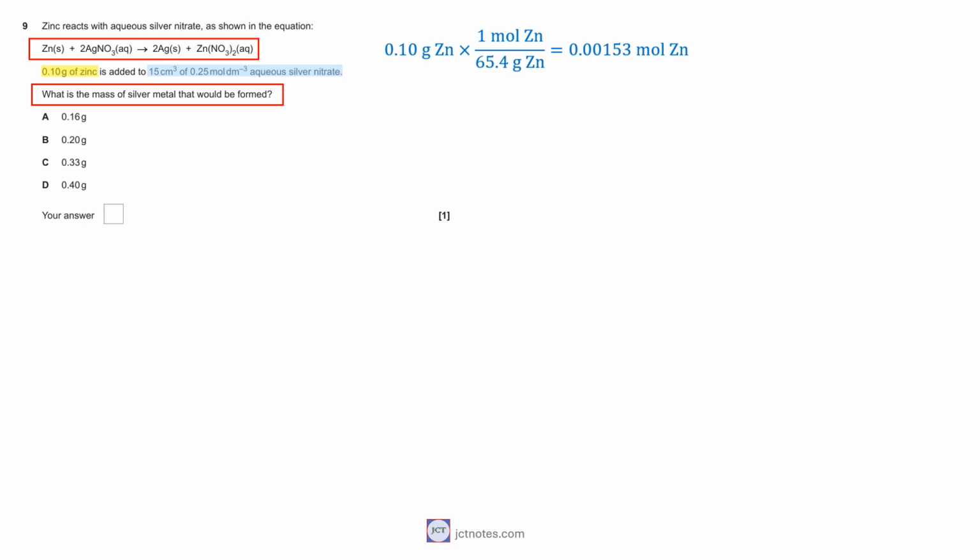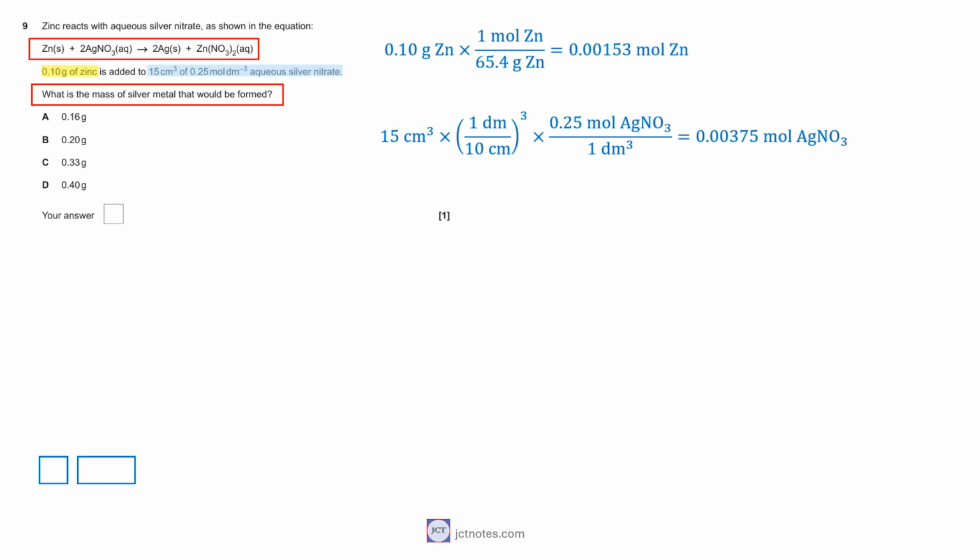We can also calculate that 15 cubic centimeters of 0.25 molar silver nitrate is 0.00375 mole of silver nitrate. The stoichiometry of the reaction indicates that we need 2 moles of silver nitrate for each mole of zinc.